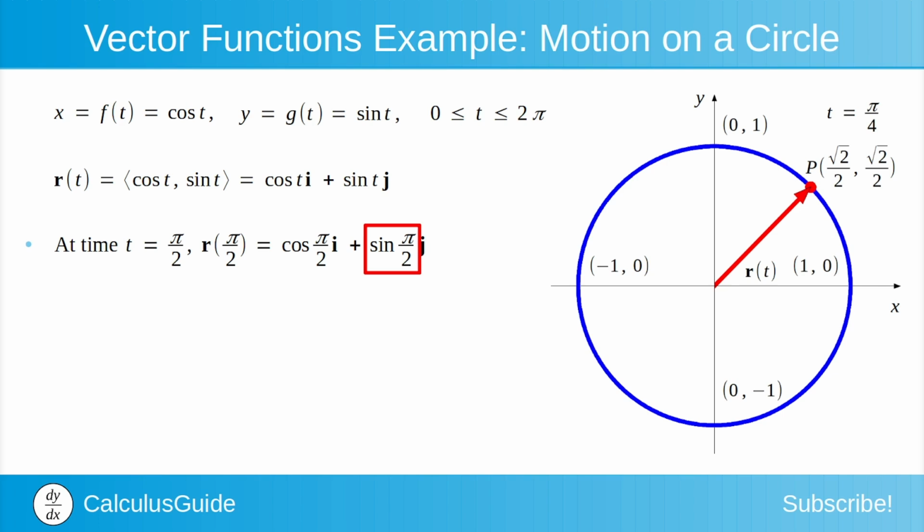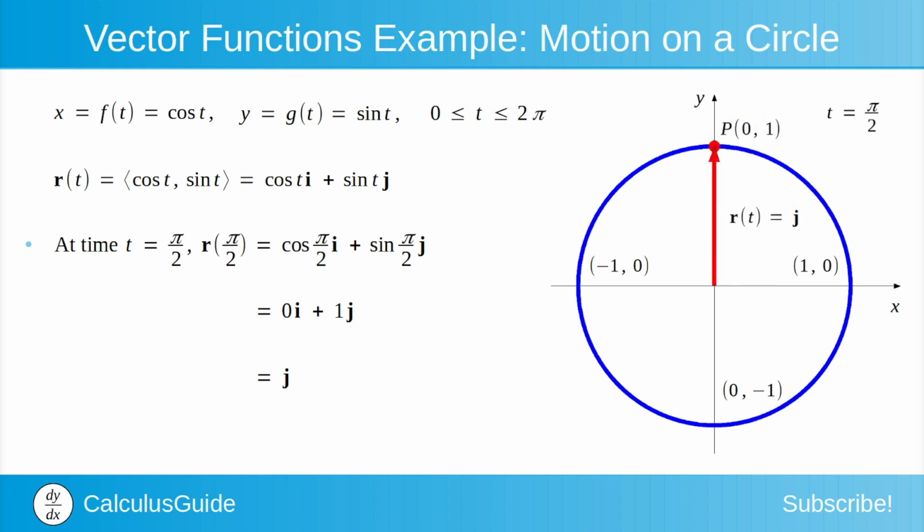So cos pi over 2 i plus sine pi over 2 j is equal to 0i plus 1j. 0i plus 1j is equal to the standard unit vector j. This vector is now shown to the right. It's a position vector extending from the origin to the particle's position P at point 0, 1.